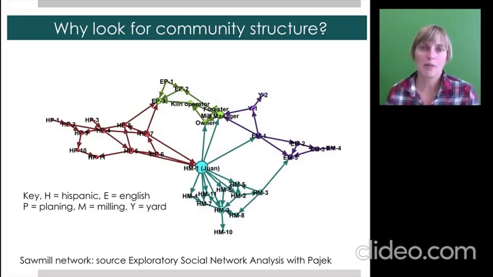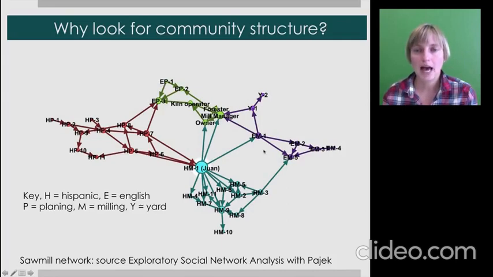workers at a sawmill, that is, they're processing wood. And there are different kinds. So here you have the management. You have English-speaking workers, they're marked with E, and then you have different roles. So the Ys work in the yard, the Ps are the planers, and the Ms are the millers.